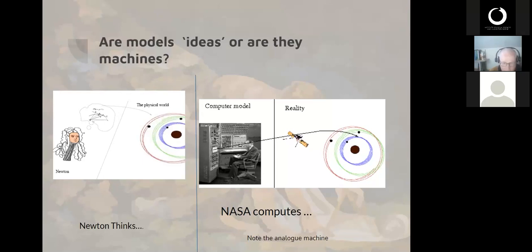Now, in this case, it's clear that you don't have a conceptual model. What I'm showing here is a NASA scientist in front of a 1950s or early 60s analog computer, which represented the variables that were being investigated in terms of continuously varying voltages.